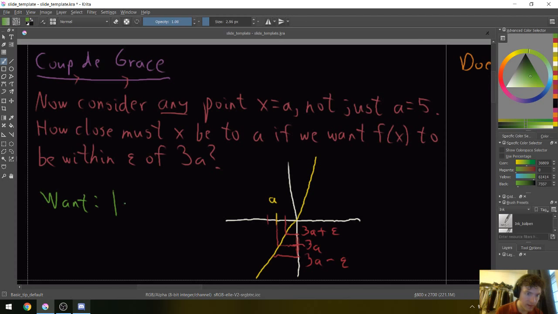Maybe this is what you were saying, this is the desired outcome, right? So this is the statement I've drawn in pink here. This is the statement that 3x is within epsilon of 3a. And then what does the absolute value of x minus a have to be to guarantee this?